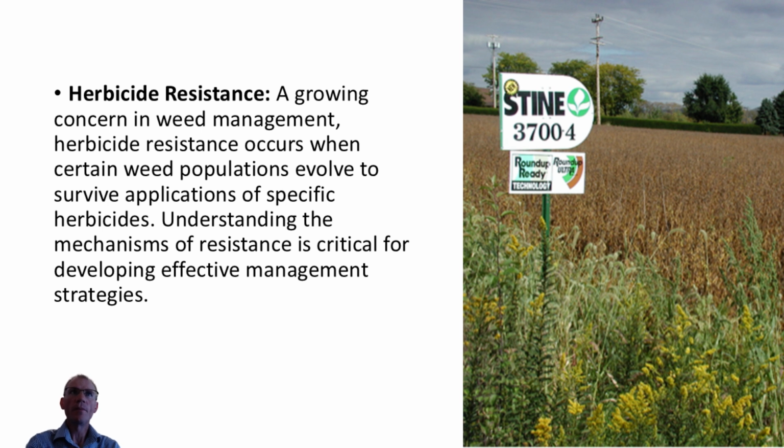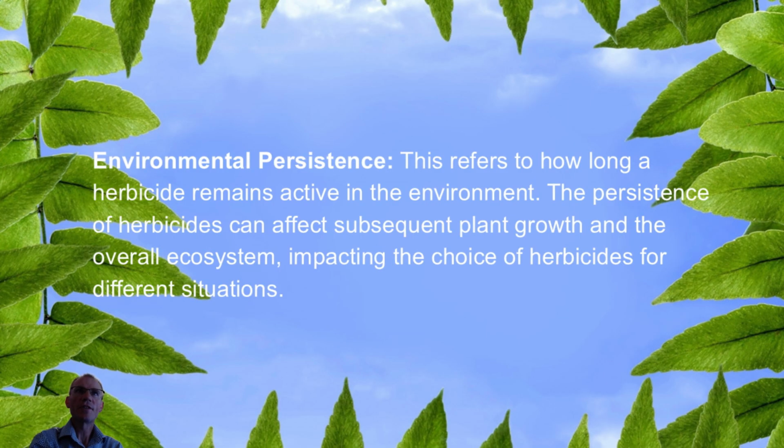When it comes to herbicides, you always have to be aware of herbicide resistance. A growing concern in weed management, herbicide resistance occurs when certain weed populations evolve to survive applications of specific herbicides. Understanding the mechanisms of resistance is critical for developing effective management strategies. Environmental persistence.